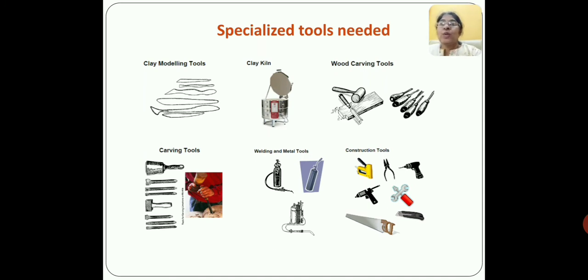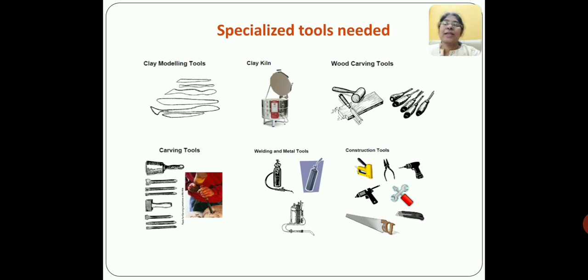The clay modeling tools usually have different types of knives. Kiln is nothing but for heating the clay pots and burning the clay pots, in fact, to give strength to them. The wood carving also has sharp tools which are used for carving, and welding materials are usually used for metals.